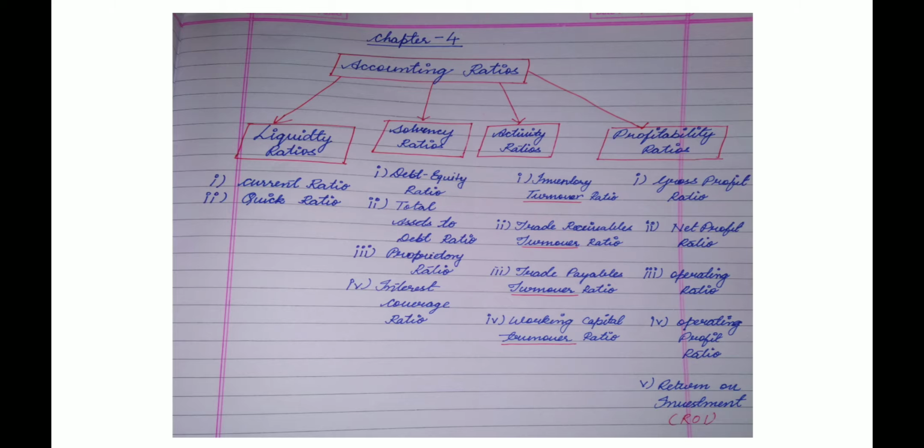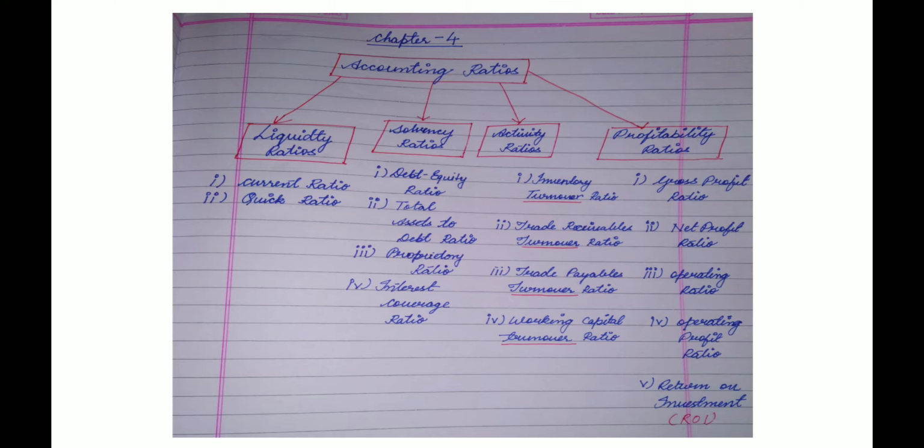Last is profitability ratio. It is a prime objective of the firm to earn profit. So the efficiency or profitability of the business is analyzed by the profitability ratio.